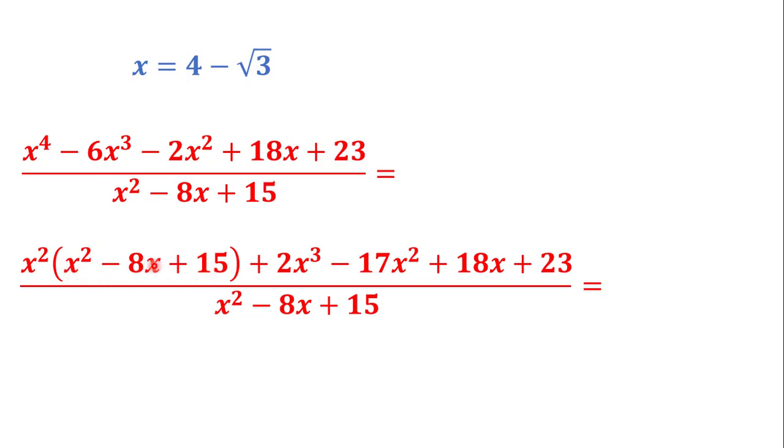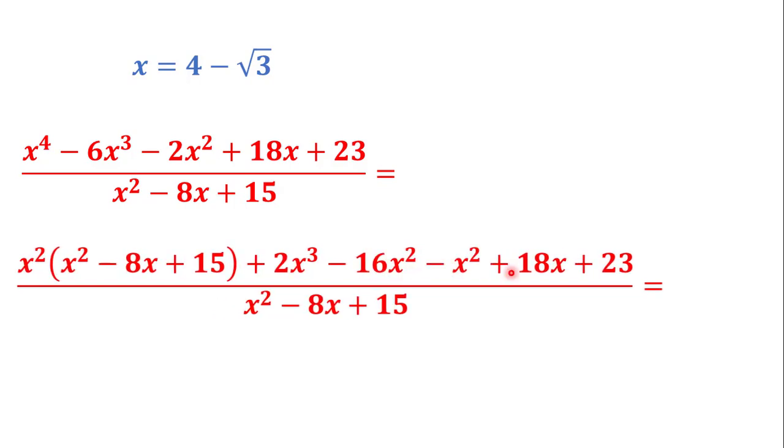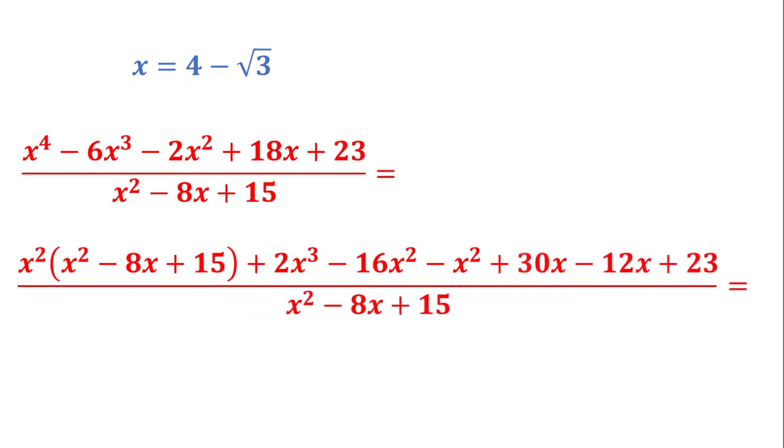As you can see, this expression and the denominator are the same. Minus 17x squared equals minus 16x squared minus x squared. Also, 18 times x equals 13 times x minus 12 times x.